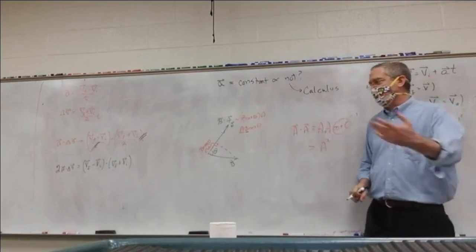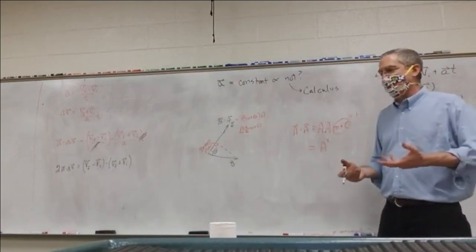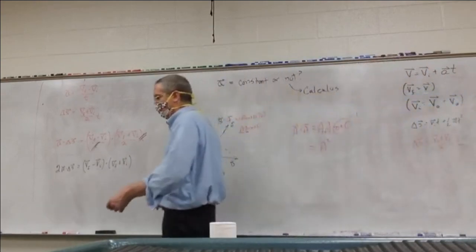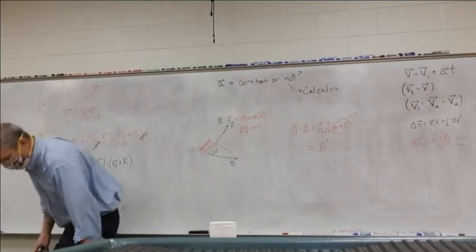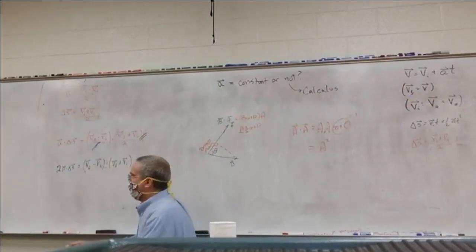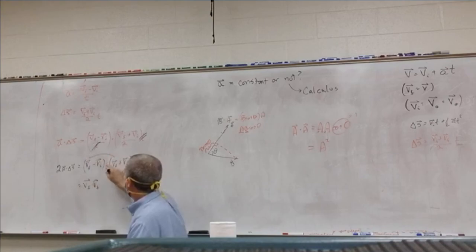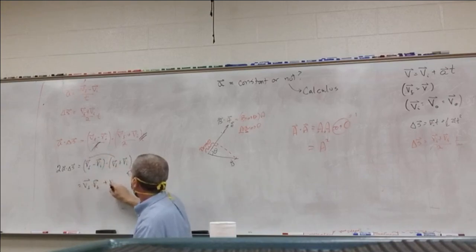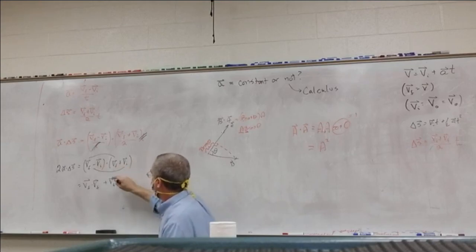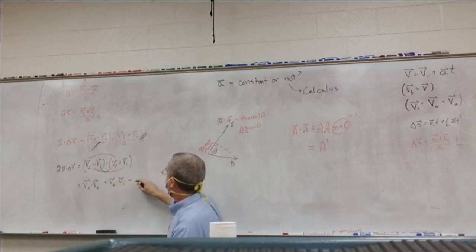Now, a number of you probably already know what this is going to end up being, but I'm going to take it through the intermediate steps. So that's VF dot VF, plus VF dot VI, minus VI dot VF, minus VI dot VI.